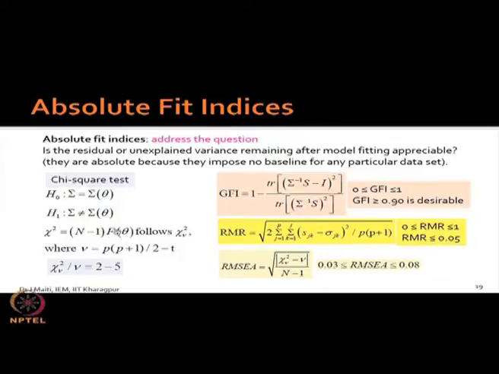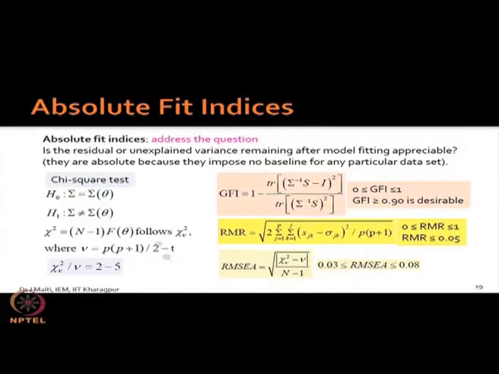So, that value you have after estimation. This chi-square, n minus 1 F theta, follows a chi-square distribution with nu degrees of freedom, where nu can be estimated like this: p into p plus 1 by 2 minus t, that is the number of non-redundant elements minus the number of parameters to be estimated, that is how many degrees of freedom are available here.